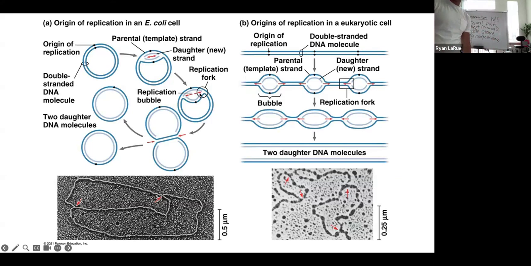Each kind of edge here we call a replication fork. So you've got a replication fork here and a replication fork there. That's what we're going to zoom into to see how at the replication fork, how is it synthesizing these new DNA strands that are complementary to that original template parent strand, okay?